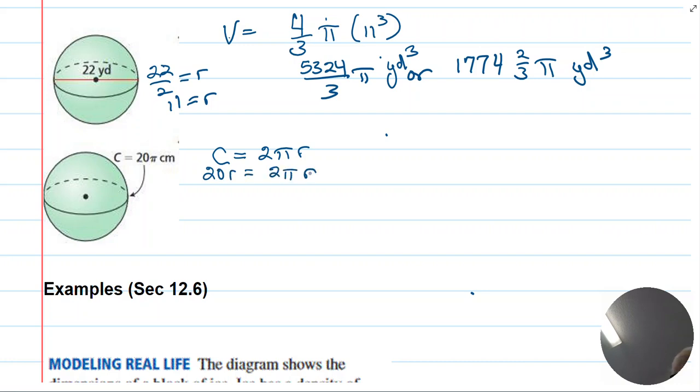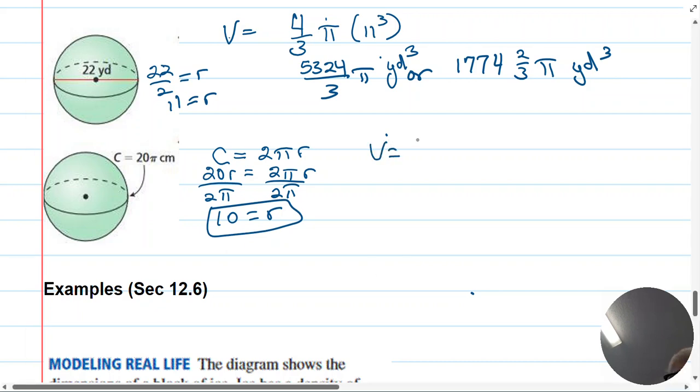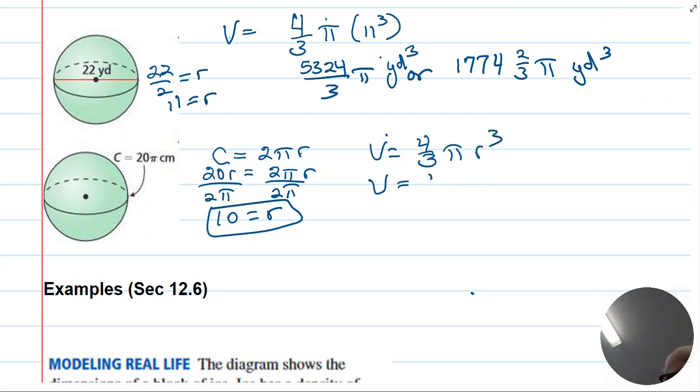And now I can use my volume formula and insert our values. That's 1,000. So I'm going to have 4,000 thirds pi, and this one's in centimeters cubed, or I could divide it out.